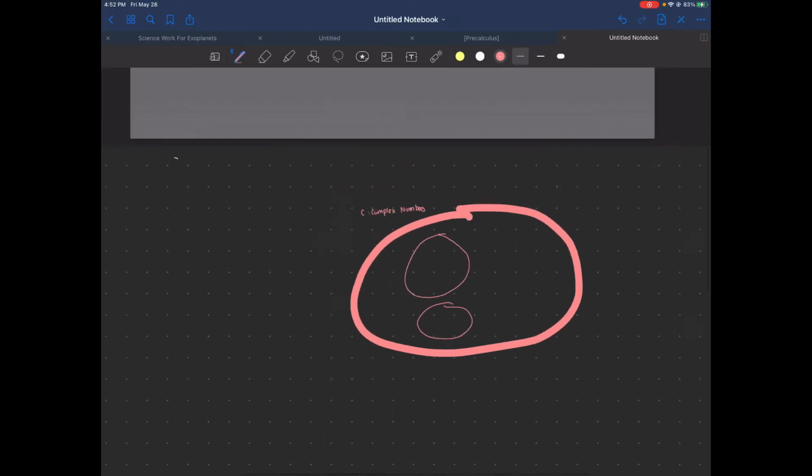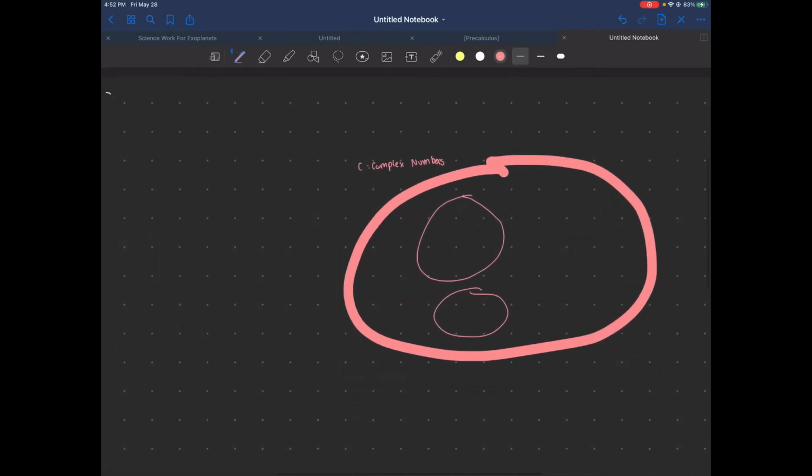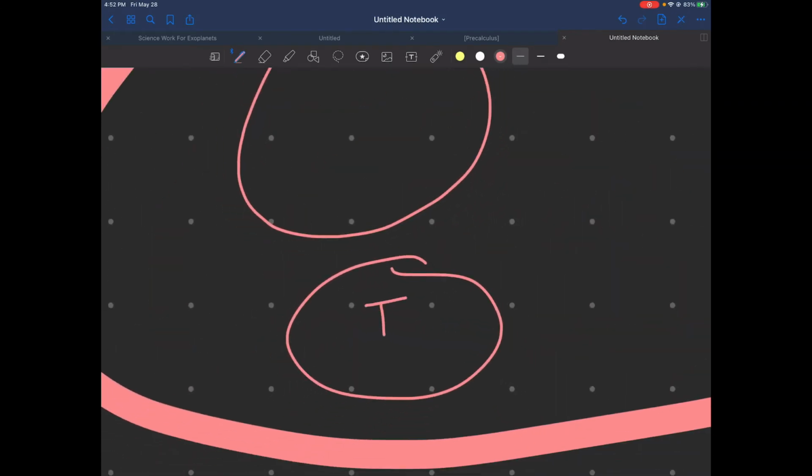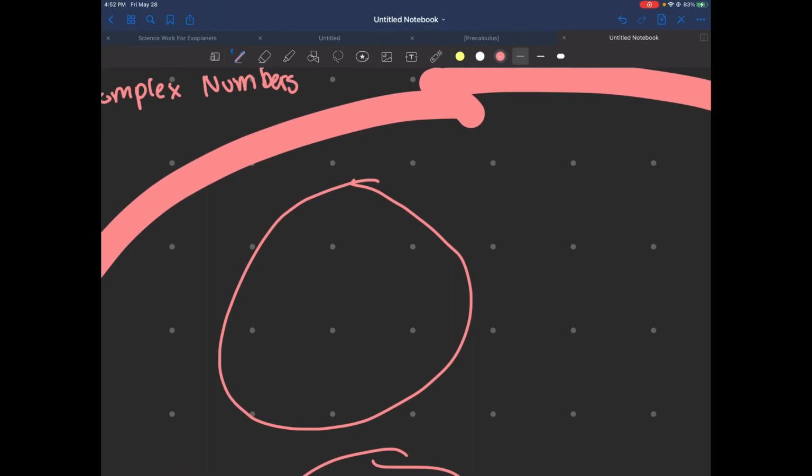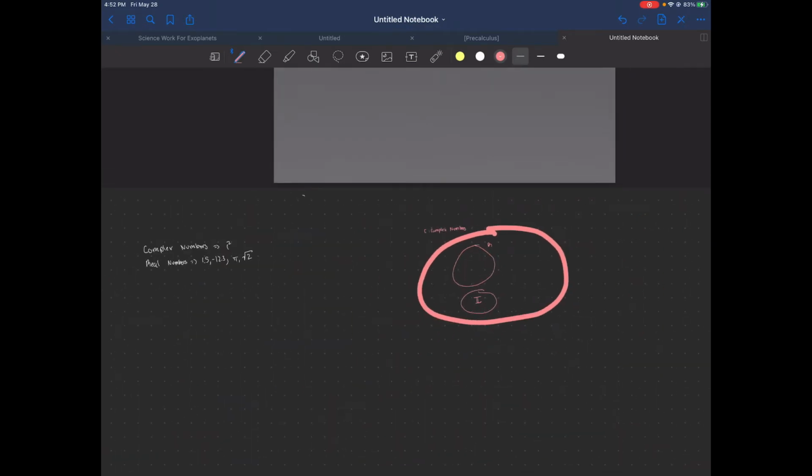And imaginary numbers can be written as I, written like this. And then real numbers, which we write with this R. Okay, now we've got R.